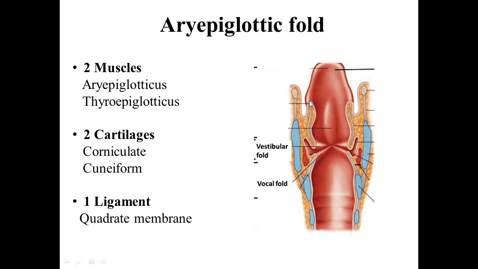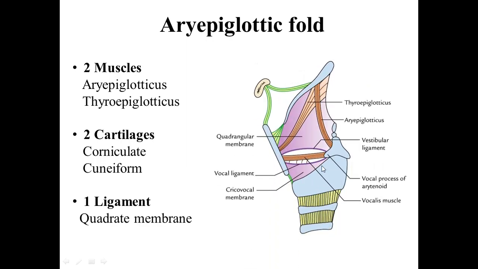This aryepiglottic fold is a mucosal fold. It is lined by mucous membrane, and the lining epithelium is stratified squamous non-keratinized epithelium. Now this aryepiglottic fold contains two muscles, two cartilages and one ligament.